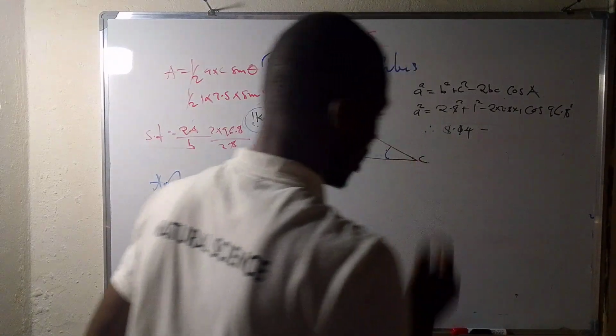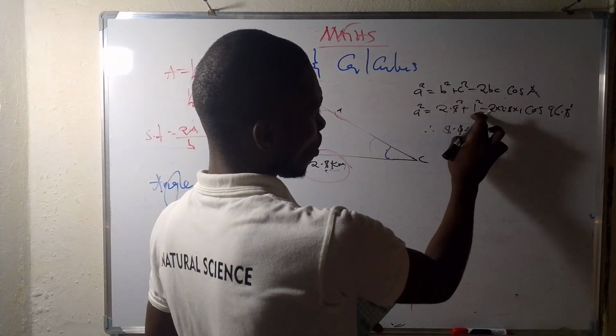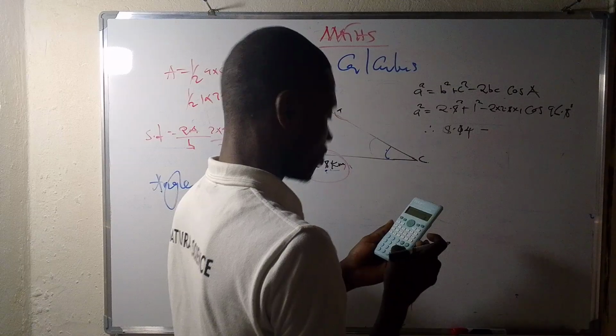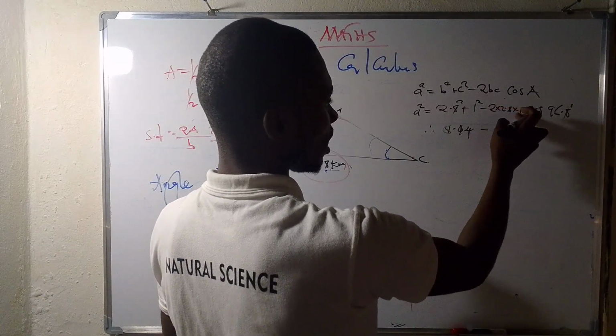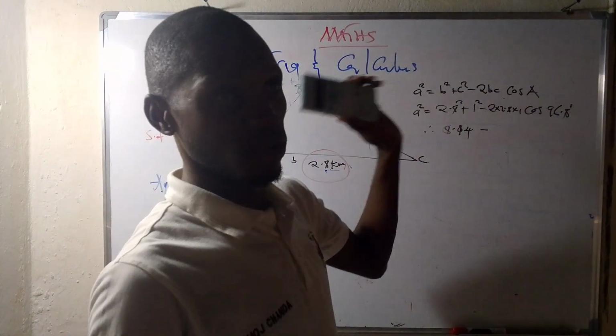Minus. Now, be careful here. I'll also get the entire negative sign so that I get a positive number. If you just say 2 times 2.8 times whatever there, you're going to get a negative. Negative times negative, you're going to get a positive.